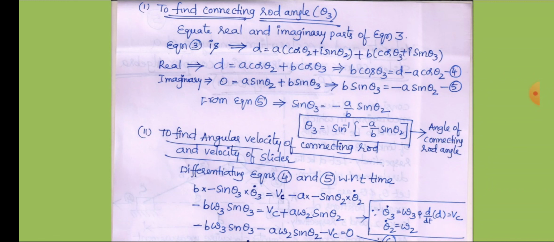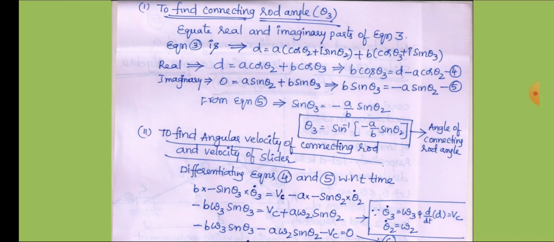Therefore its velocity is called angular velocity, because it is a rotating, oscillating or revolving component. Whereas the slider is sliding on the line of stroke, therefore its velocity is nothing but the linear velocity of the slider.